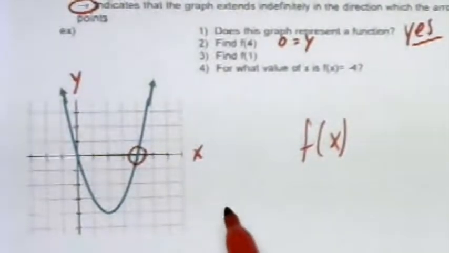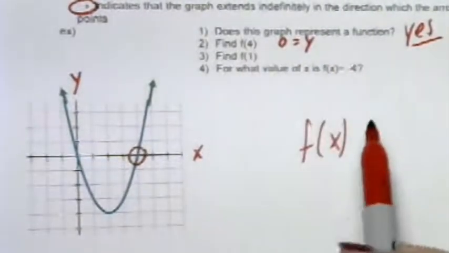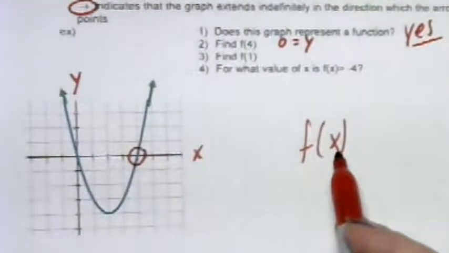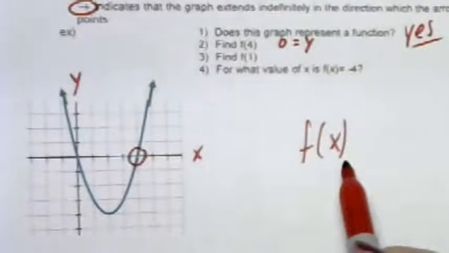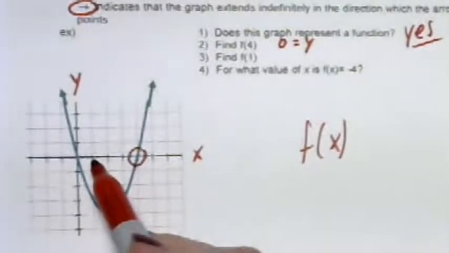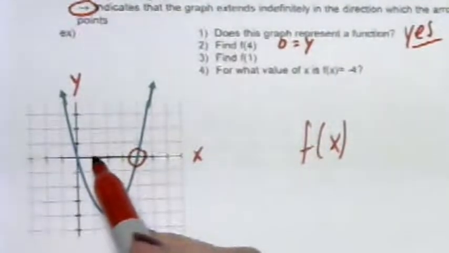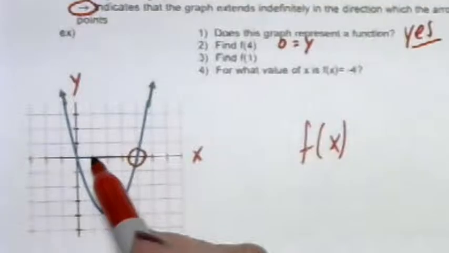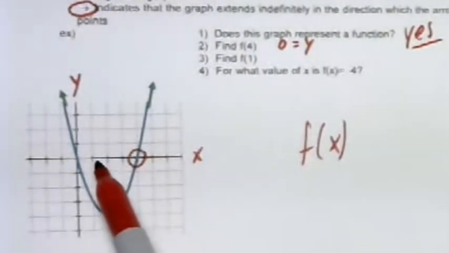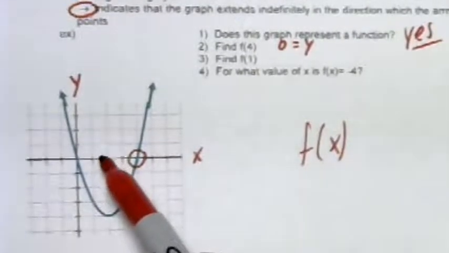Next example, next question, find f of 1. Again, remember functional notation, f, usually it's x. So f of 1 says, look for where x is 1. So coming here, here's x is 1. Well, x is 1 on the x-axis. We have no activity in regards to our graph. So we have to travel from the x-axis to where our function is on our coordinate plane.